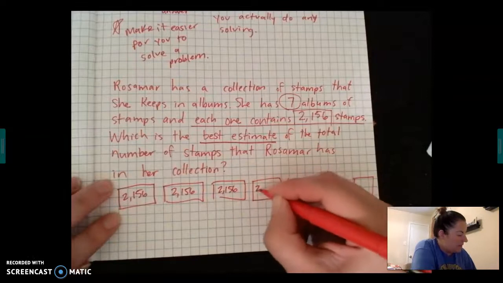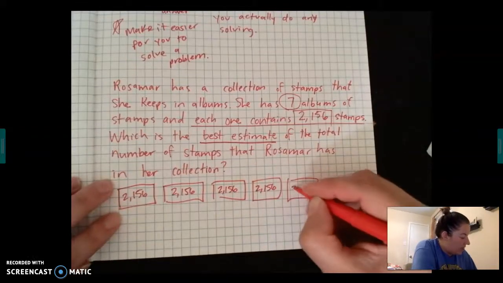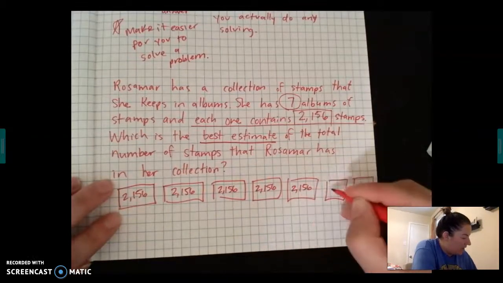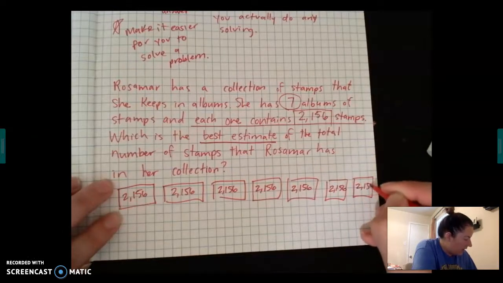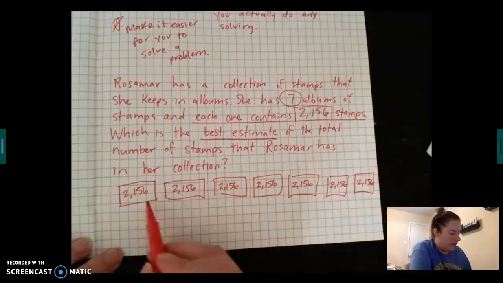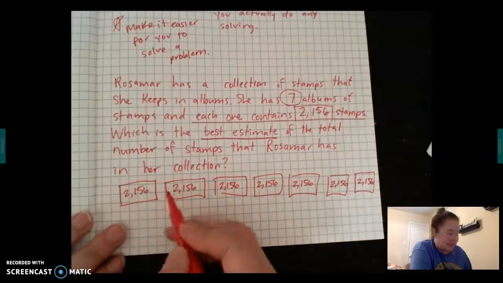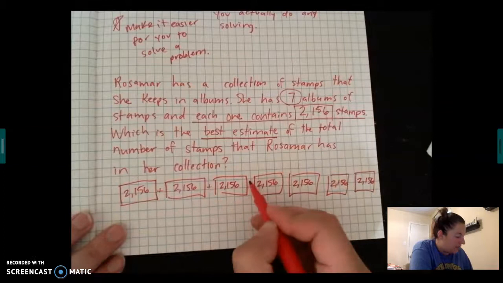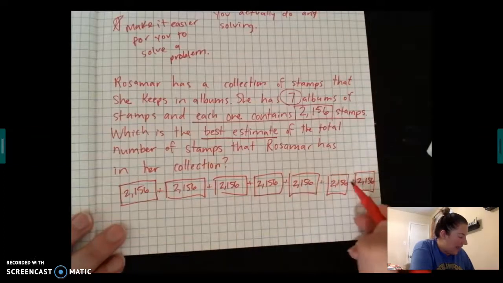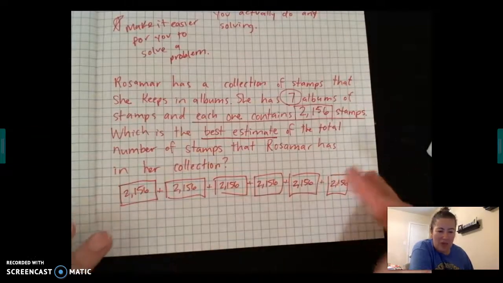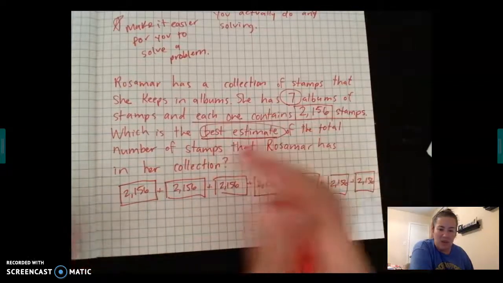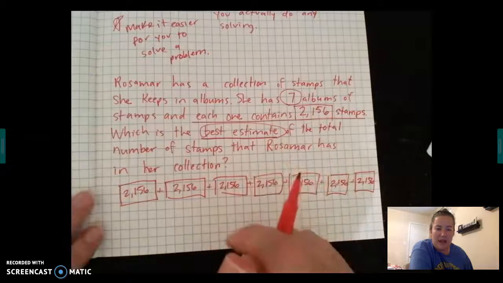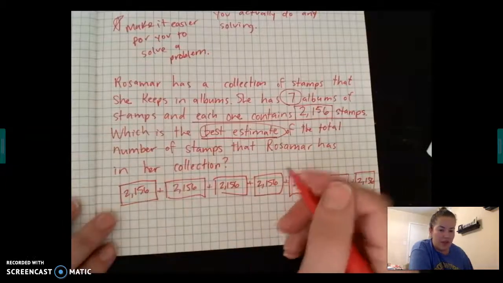Then if I wanted to find the total, I would either have to add all of those up, or I could multiply them, right? I could do 2,156 plus 2,156. I could sit here and add all of those up, but that would be a lot of math to do, and I'm just trying to get an estimate. I'm just trying to get a close idea of how many stamps she'll have.